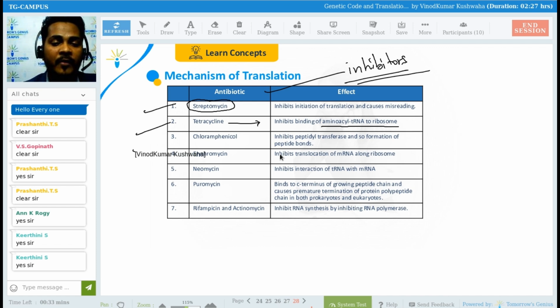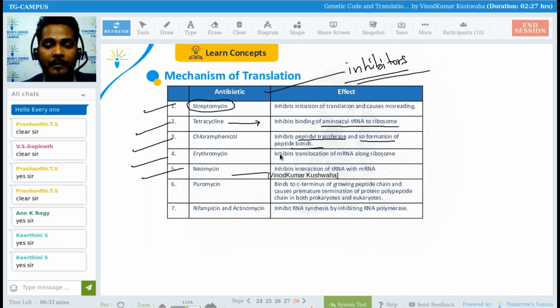Then there is chloramphenicol, which inhibits peptidyl transferase, so the formation of peptide bonds. Similarly, erythromycin is another antibiotic which inhibits the translocation of mRNA along with the ribosomes. Then there is neomycin, which inhibits the interaction of tRNA with mRNA.